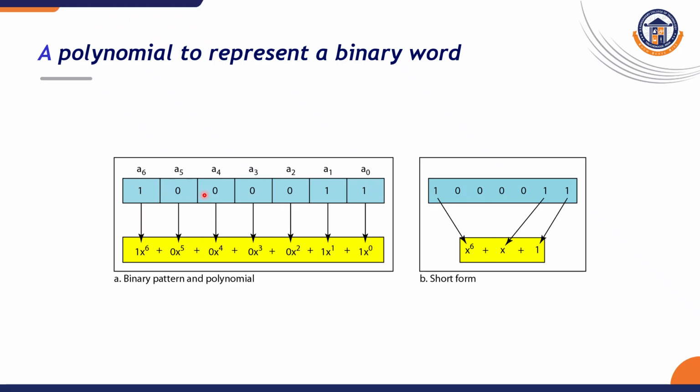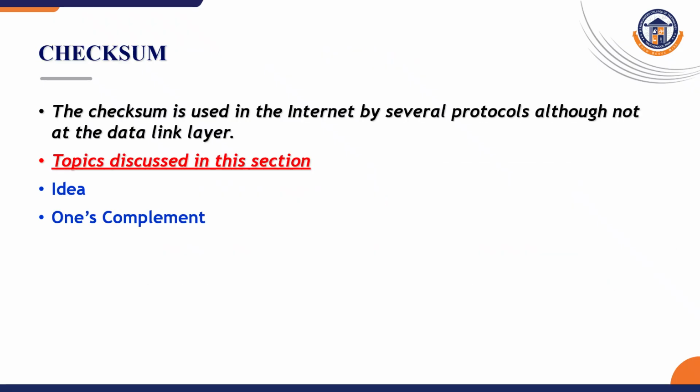We discard the terms with coefficient zero and take the coefficients 1 with the power terms. So 1 into x power 6, 1 into x power 1, 1 into x power 0. The remaining power terms with coefficient 0 are discarded, so we get the short notation x power 6 plus x plus 1.